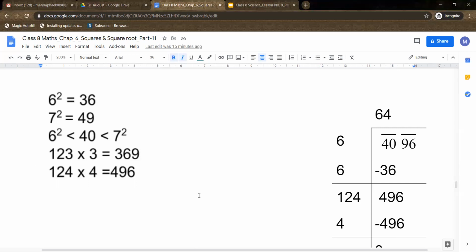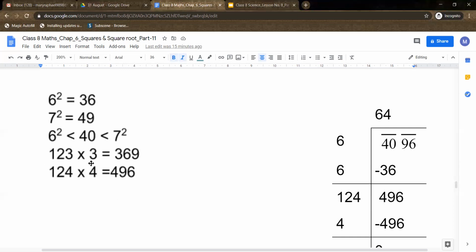Here also, see, the first pair we can try is 121 ones, which is small, then 122 twos are 244, also small. See, I found 123 threes are, see, these both the digits are changing together, 123 threes are 369, that is also small. Then I found 124 fours are 496, which is exactly equal to the dividend.